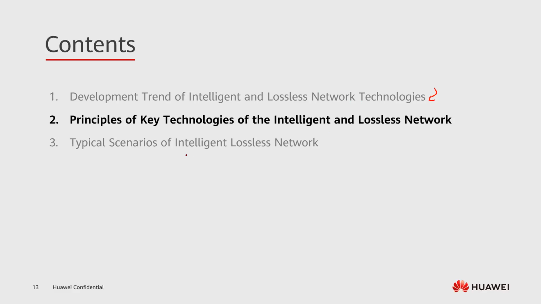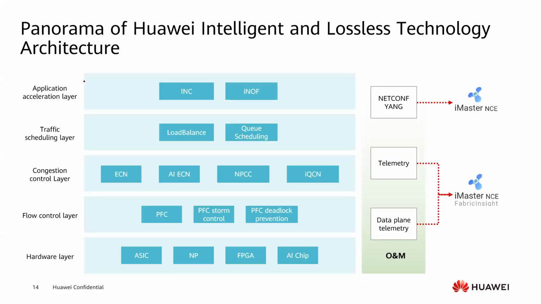lossless network, and in this part we see the architecture of lossless network. We have 5 layers here. At the bottom of the architecture is the hardware layer: ASIC, NP, FPGA, AI chip. The layer above is the flow control layer.